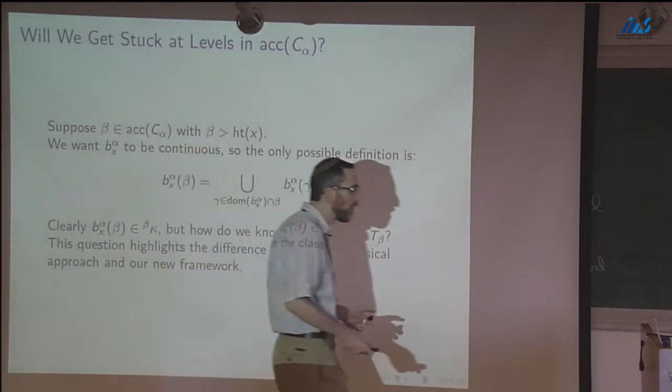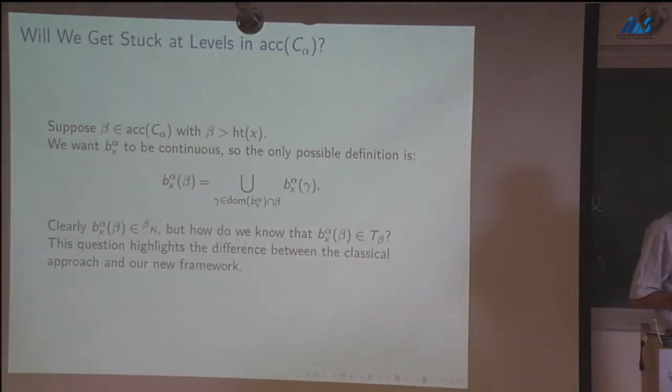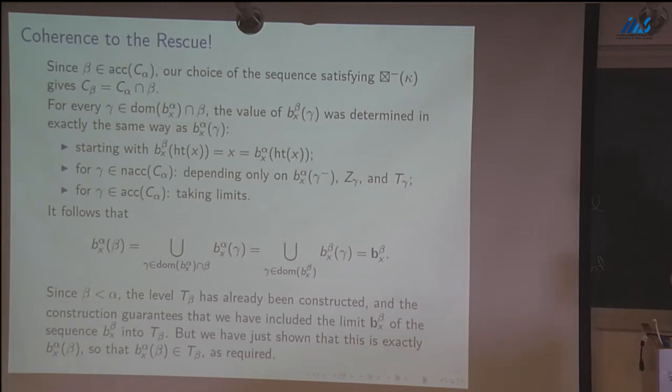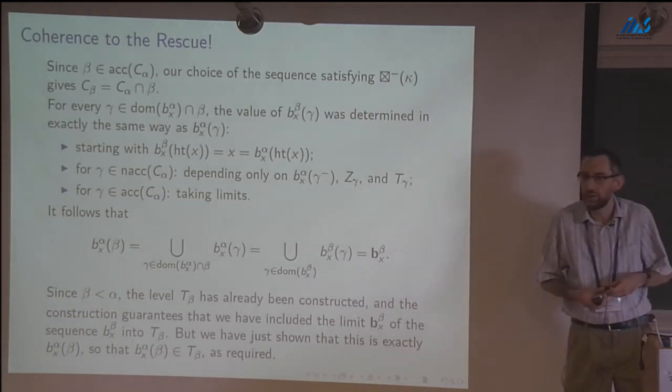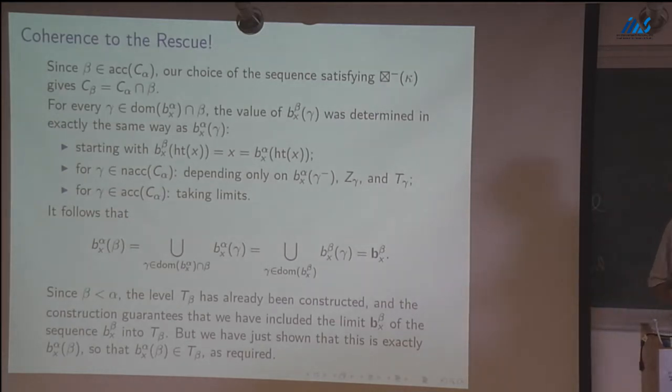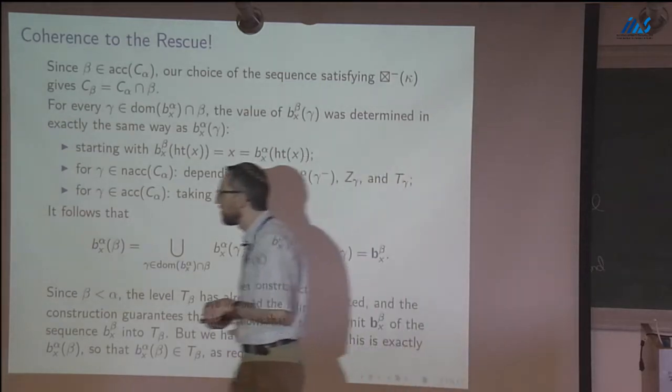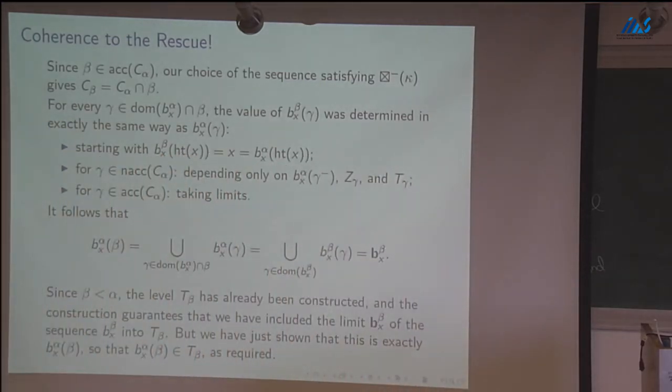But the way we're doing it is slightly different. The basic idea is that we're not using the accumulation points to kill the anti-chains; rather, we already killed the anti-chains at the non-accumulation points, so essentially the node that we want to be there always will be, and let's see why. Since we're at an accumulation point of C alpha, our C beta also was the same sequence up to here.